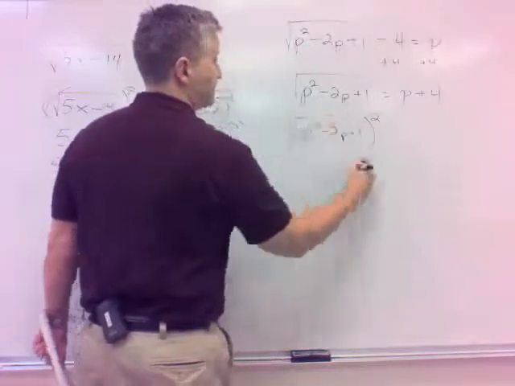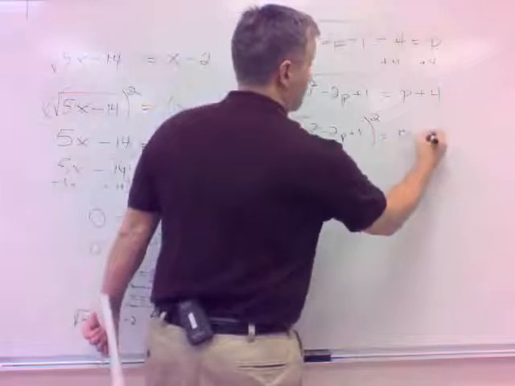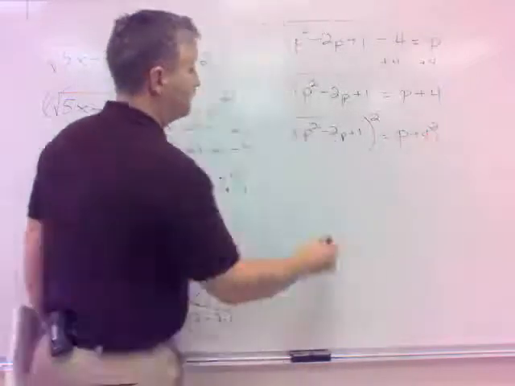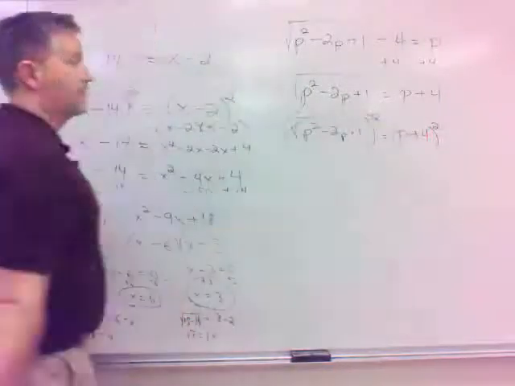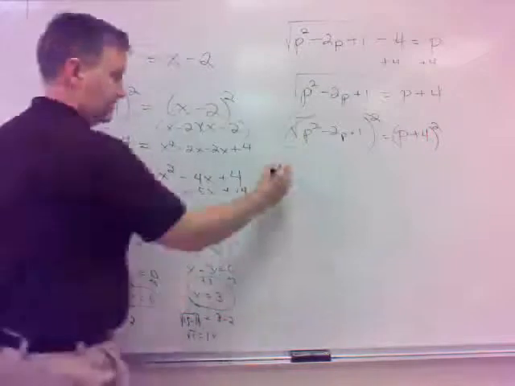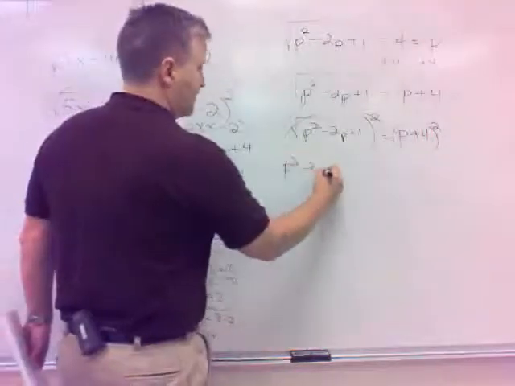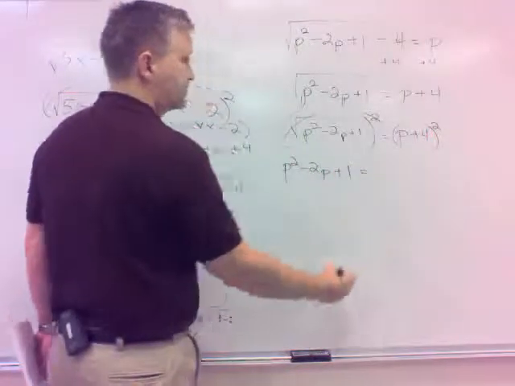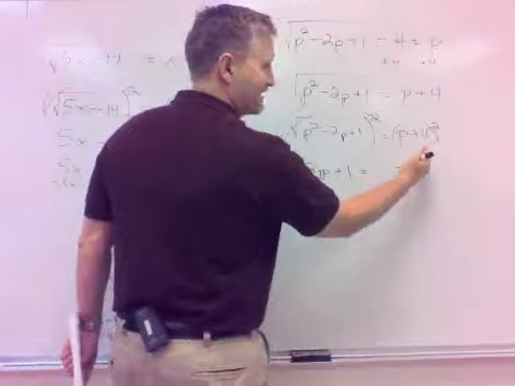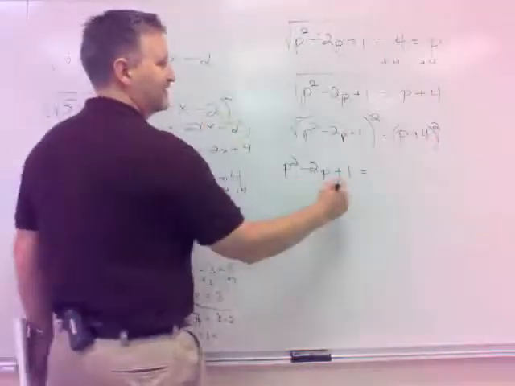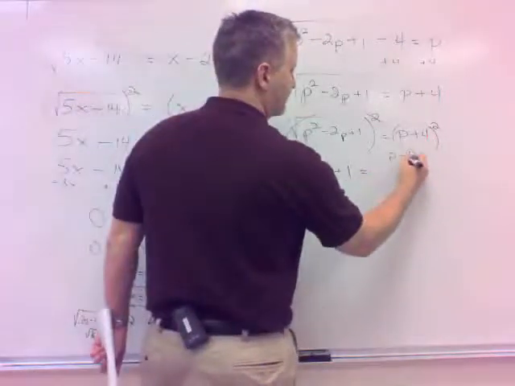So I need to get rid of that square root, and squaring it will do that. The square root and the square cancel out, so I get p squared minus 2p plus 1 equals, what happens here? Same thing that happened over here. Write it twice and FOIL.